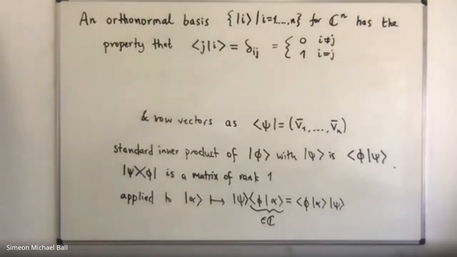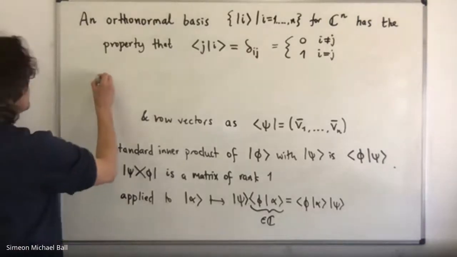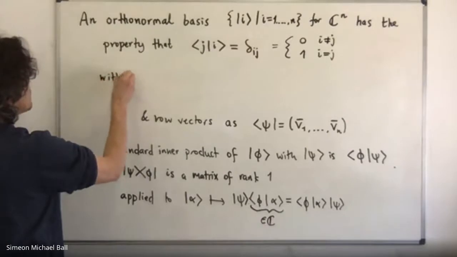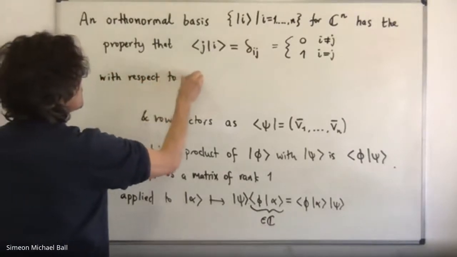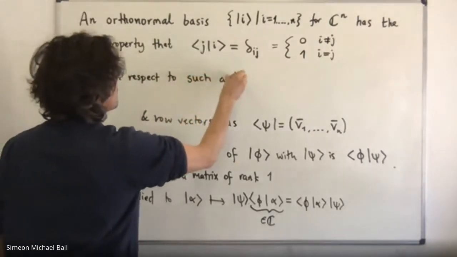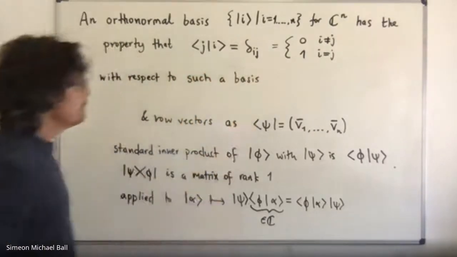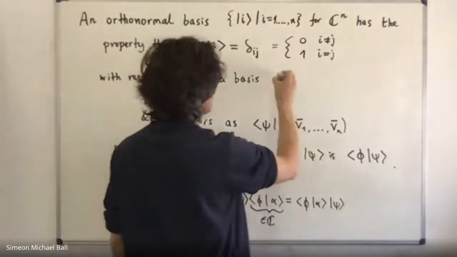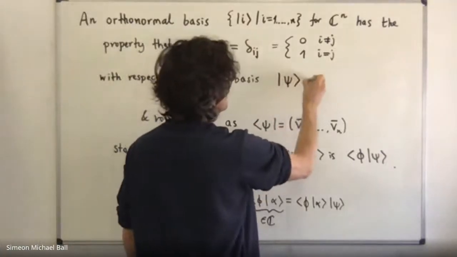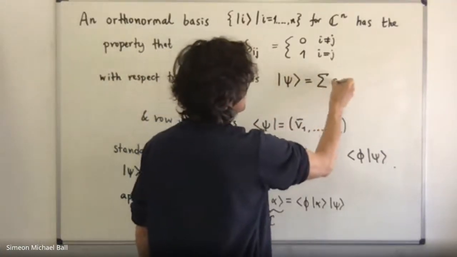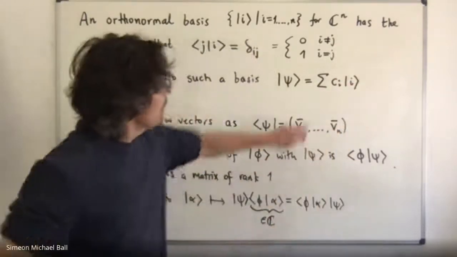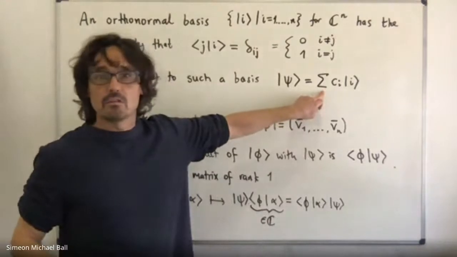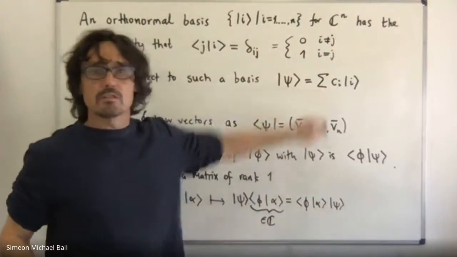And then with respect to such a basis, let's say we write psi as the sum of c_i times the basis kets. Usually I won't write underneath what the sum is over, if it's obvious.